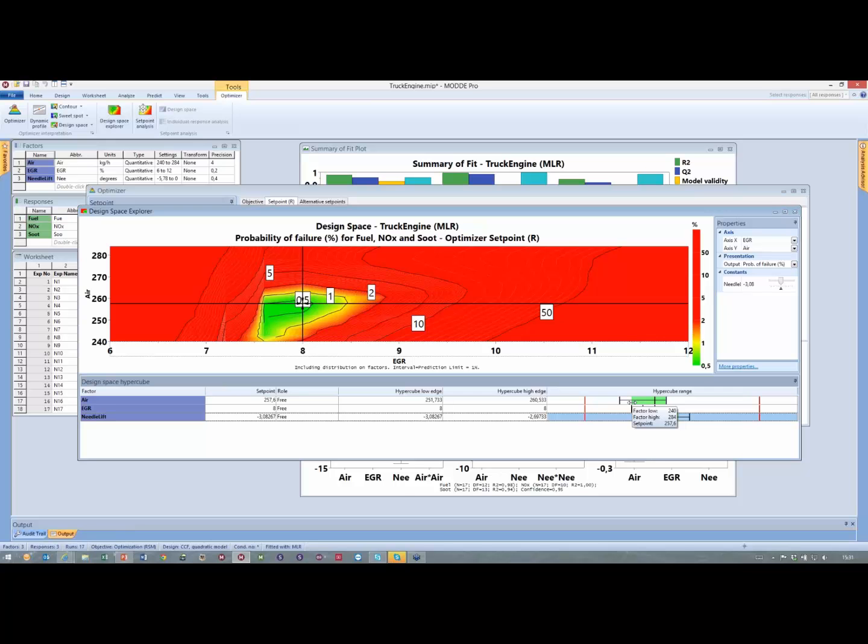And the green fields here, down here in the hypercube range, they represent the largest irregular geometry that you can insert into the irregular design space volume, and I will come back to that in the PowerPoint part.